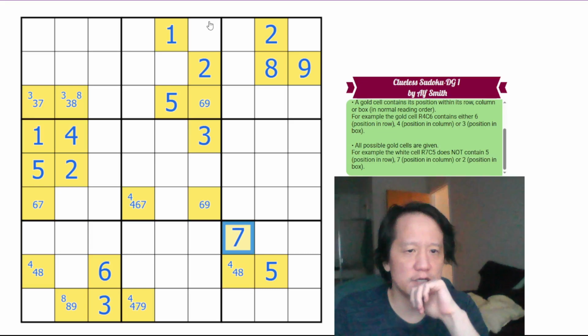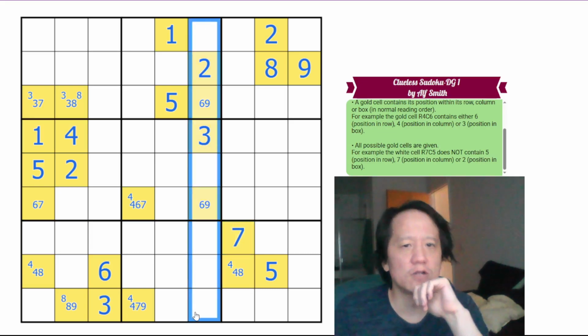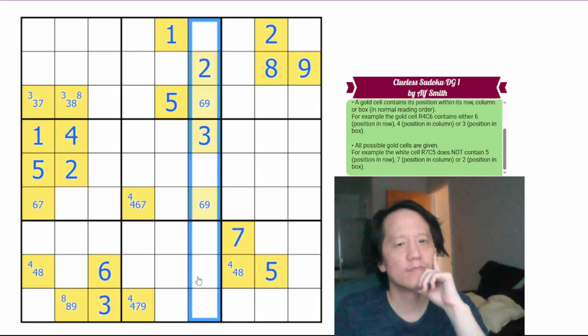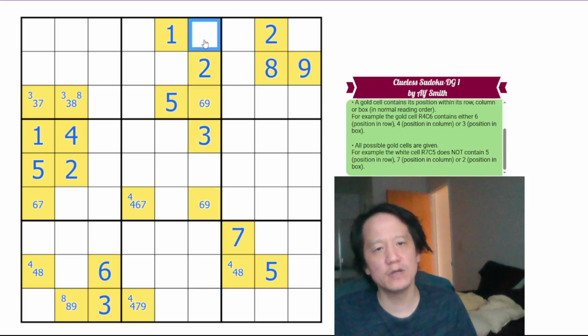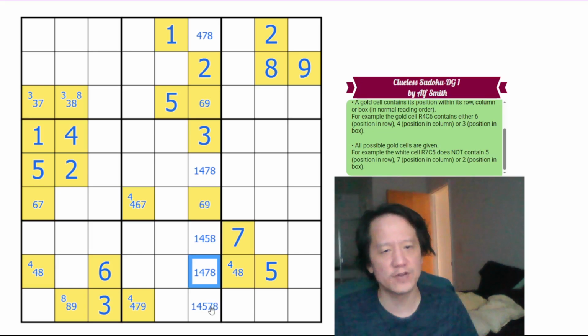Remaining digits in column 6 have to be 1, 4, 5, 7, 8. This can't be 1 or 5. This can't be 5 because of the 5 in the row. 7 cannot be here. 5 cannot be here.